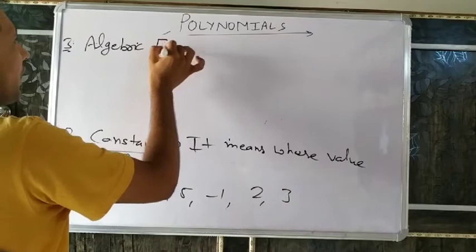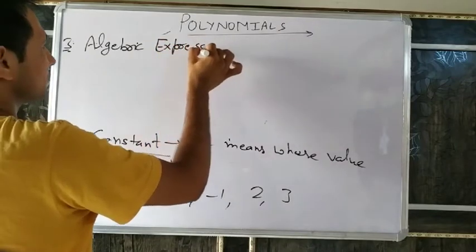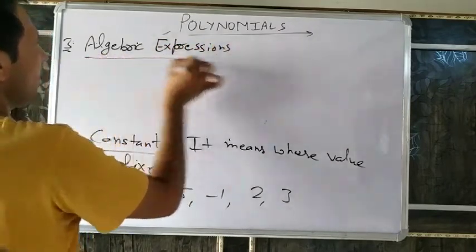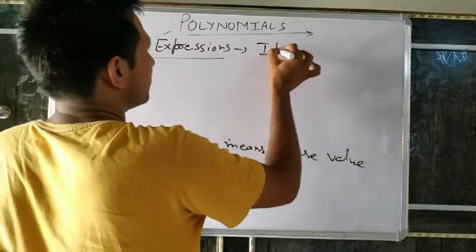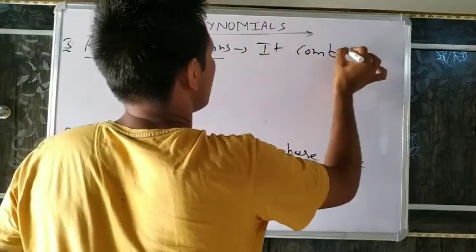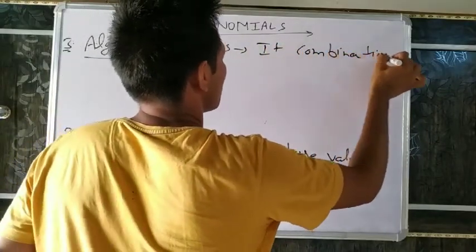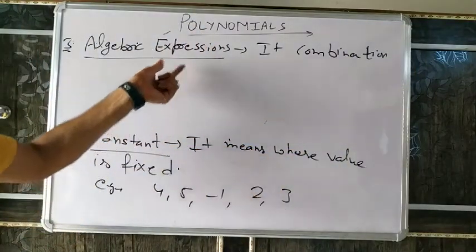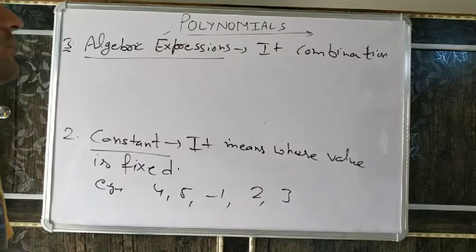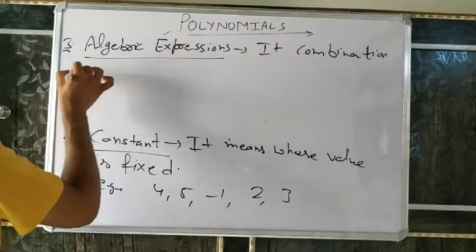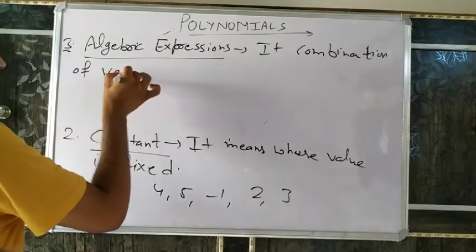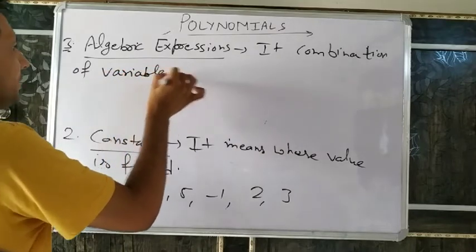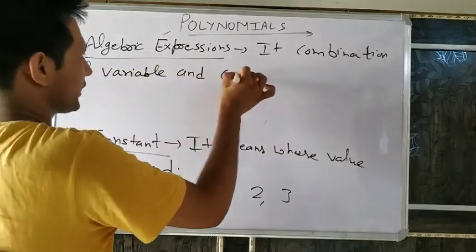Algebraic expression is a combination. It is very important if we want to know what a polynomial is. It is a combination of variable and constant.